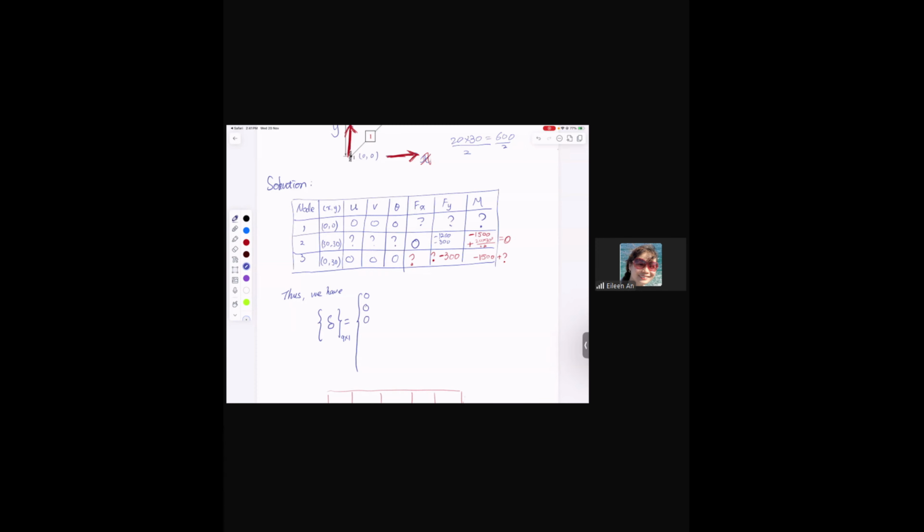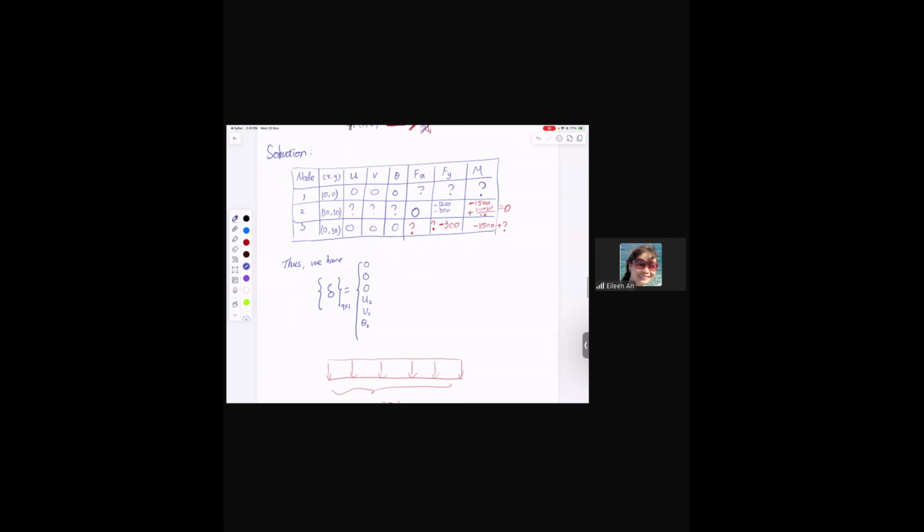So for node 1, no displacement, no rotation. And node 2, U2, V2, and rotation theta 2. They are unknowns and they are the solution we want to find, right? Okay, and node 3, 0, 0, 0. This is the node displacement matrix.